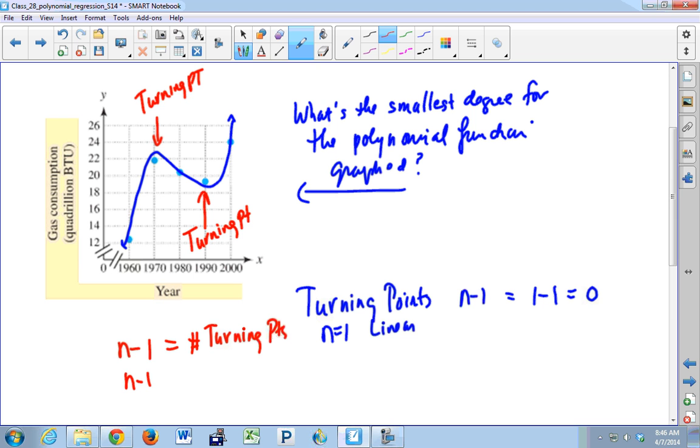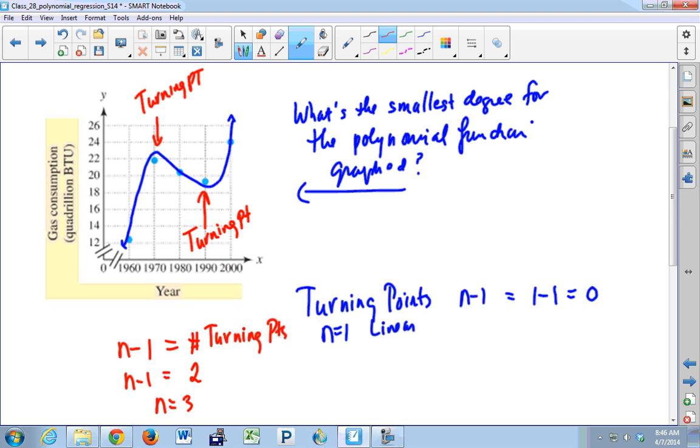So if you have 2 turning points, n must be equal to 3. So the smallest degree polynomial that could possibly fit this data would be a cubic, some number times x cubed. And if you go back to our lecture, we have that polynomial curve already done.